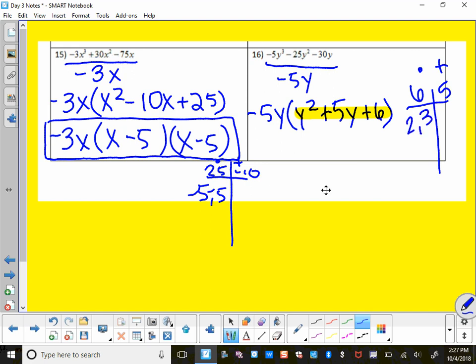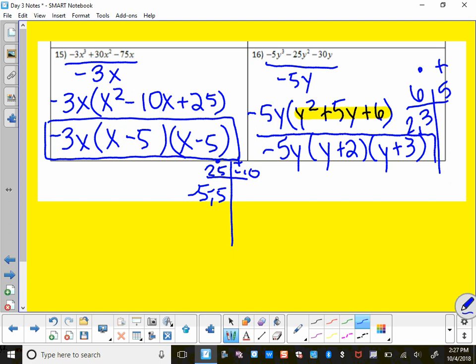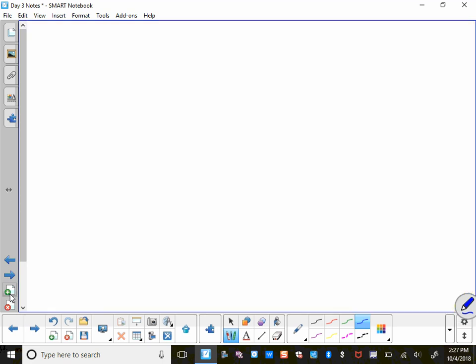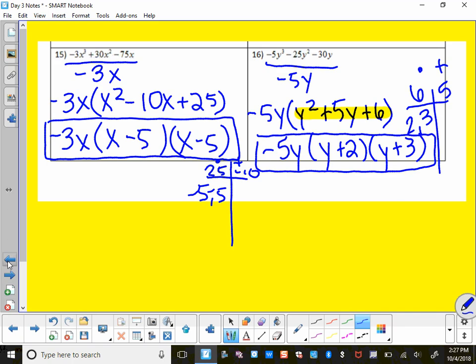So 2 and 3. So negative 5y, we have y plus 2, y plus 3.